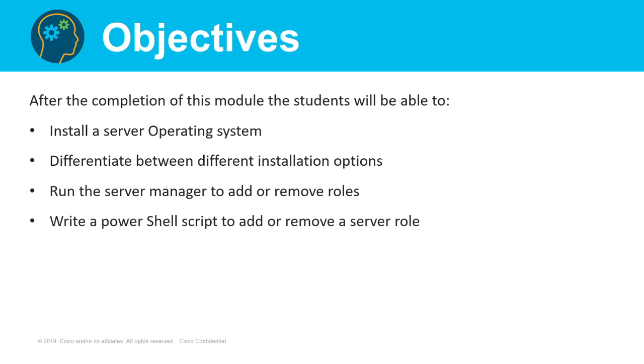Number 3, we will be able to run the Server Manager and add and remove roles. When we say roles, this also refers to services like email service, file transfer protocol, DNS, DHCP, the domain controller.